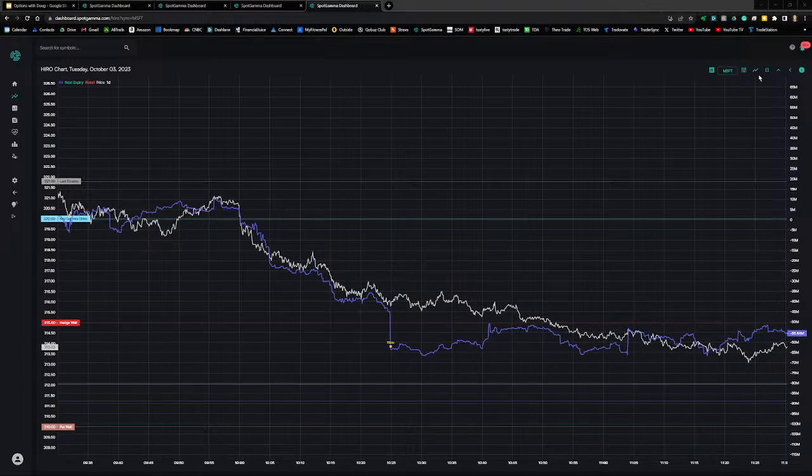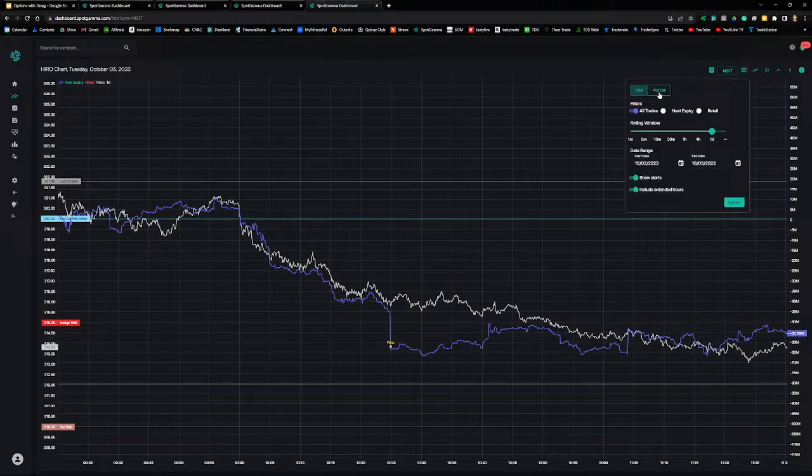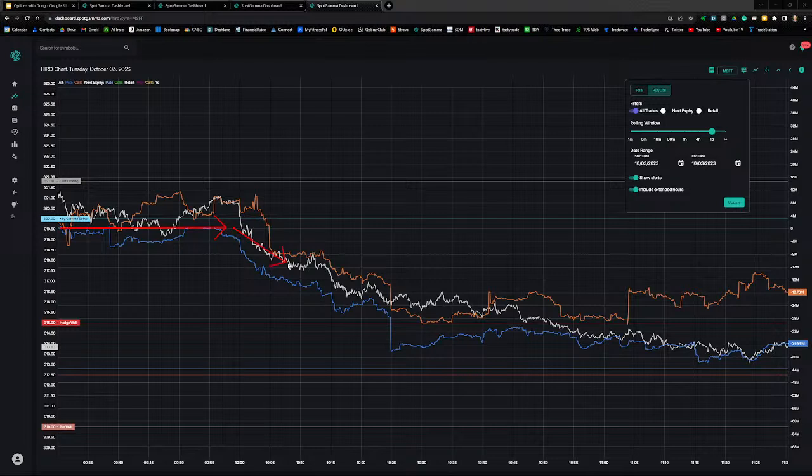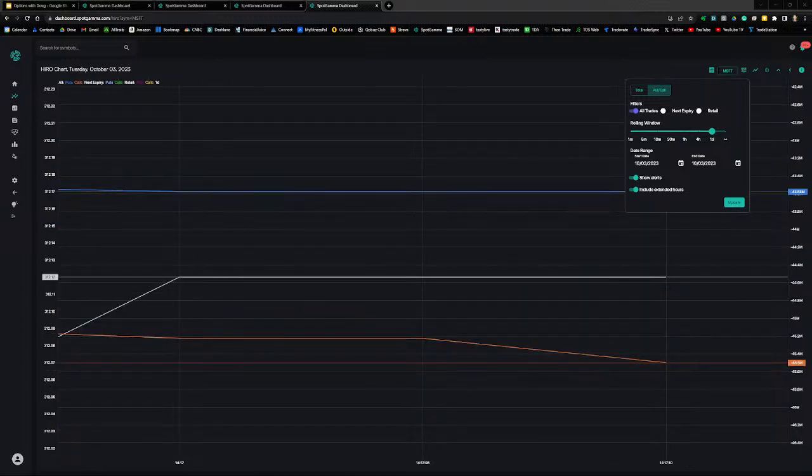Let's see what they were doing. So from the open, not really doing much with puts, maybe buying a few puts. That shifts sharply lower, and they start selling calls as well. So buying puts and selling calls.